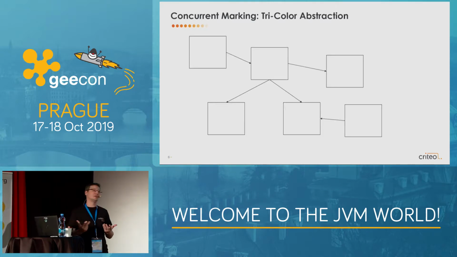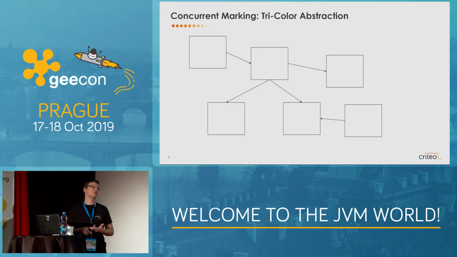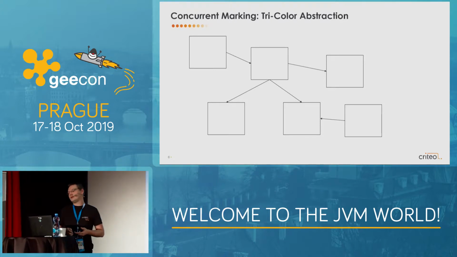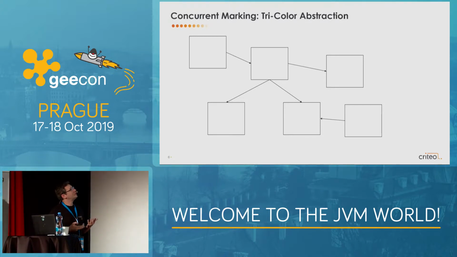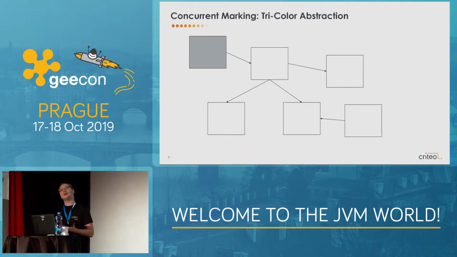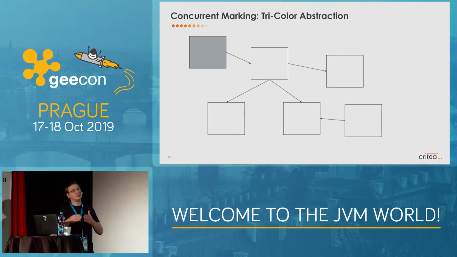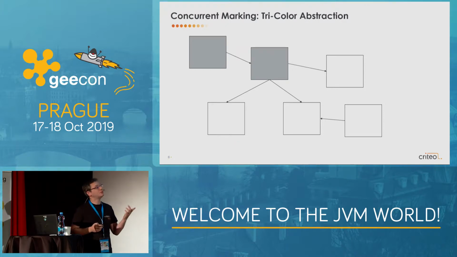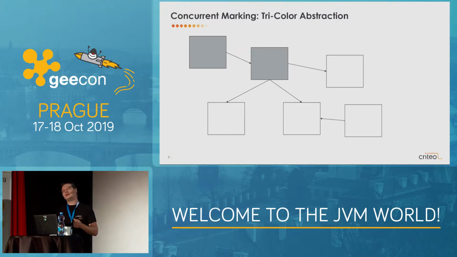Let's take a very simple object graph. You have the GC root at the top left. All the objects are white at first, and then we will color them white, gray, or black. We visit the GC root and mark this object gray. Then from this one, we visit all the children. There is only one child, so we visit it and mark it gray.